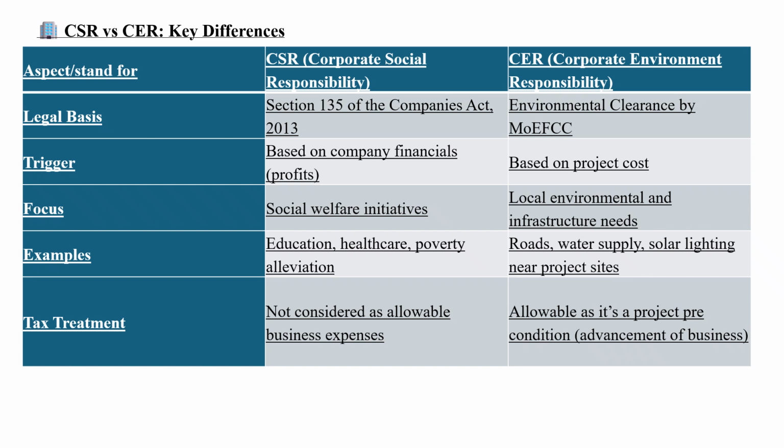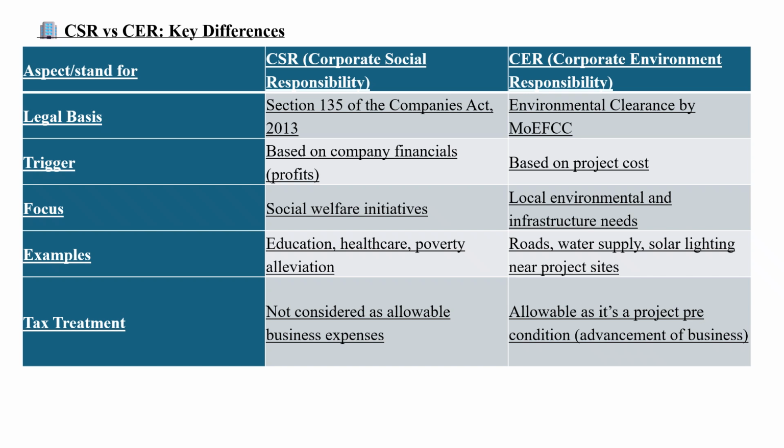Trigger: CSR is triggered based on the company's financial profits, while CER is triggered based on the project cost. Focus: CSR focuses on social welfare initiatives, but the focus of CER is local environmental and infrastructure needs.